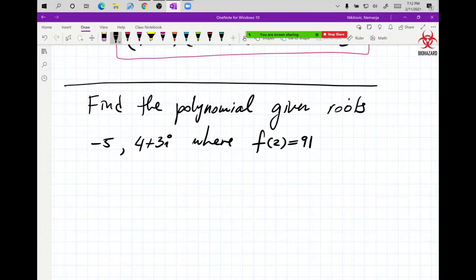They always show up as what? The complex conjugate pair. So what is the complex conjugate pair on 4 plus 3i? What's the complex conjugate pair?